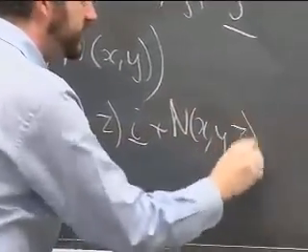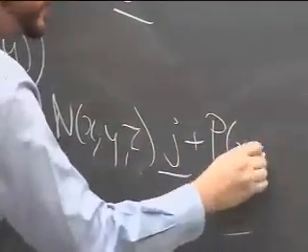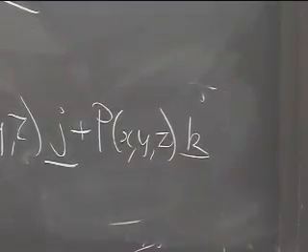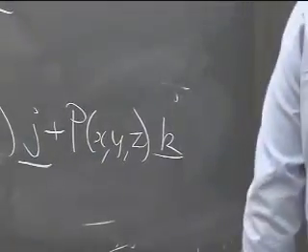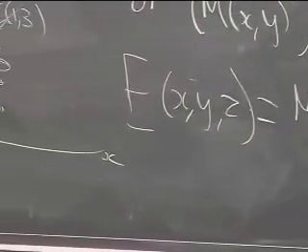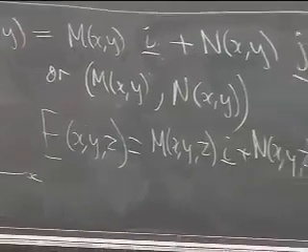It's almost silly to write this out, but just for completeness, plus P of x, y, z, k. All right? Yeah, a lot of letters. In reality, you almost never write M, N, and P. They're more just for the formulas to get a grip on it. But in reality, you just write down what the functions are and insert them in there.